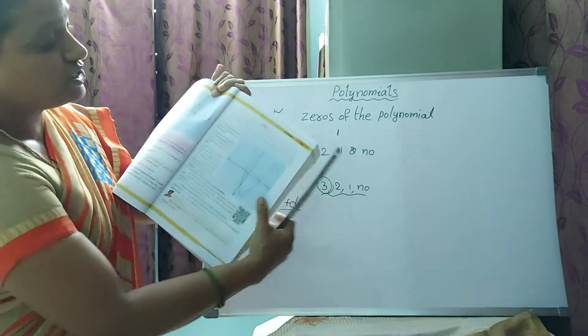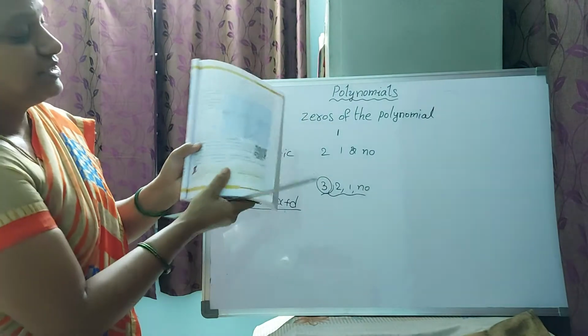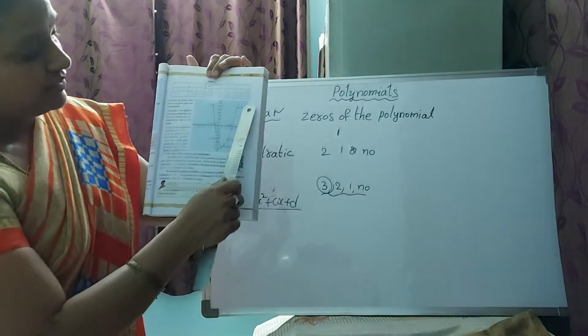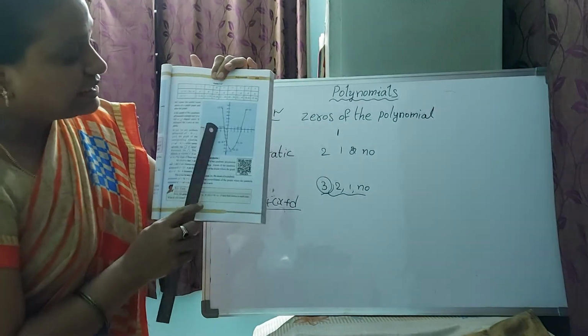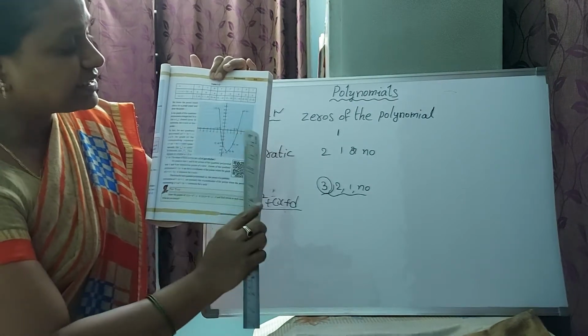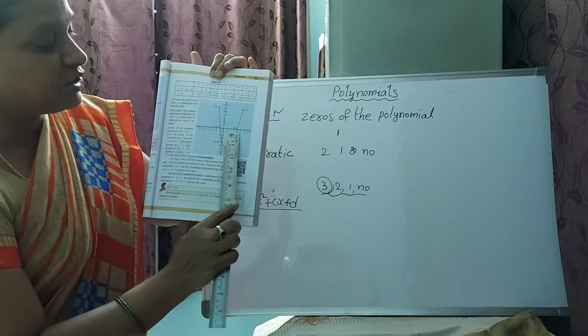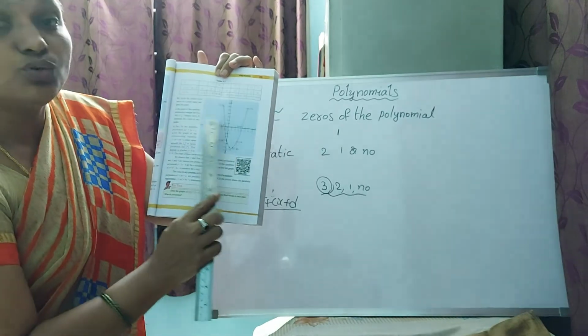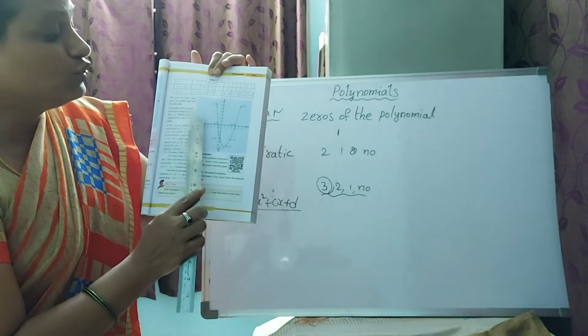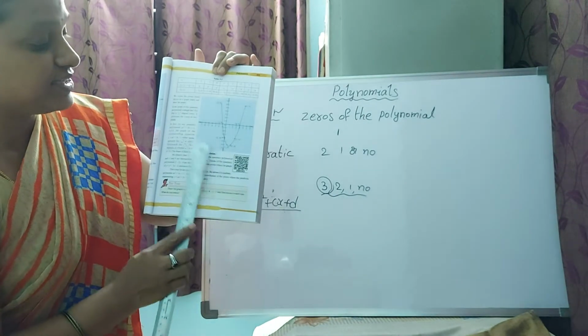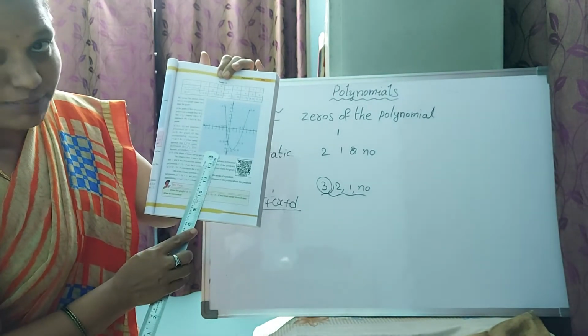If you see this quadratic polynomial, this is a parabola, and here it intersects the x-axis at 2 points. Here one point and here another point. That means 2 zeros are there in this parabola of the quadratic polynomial.